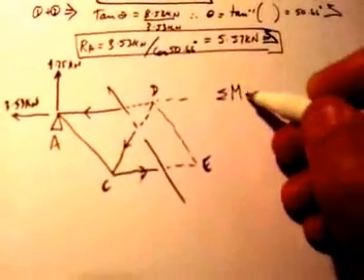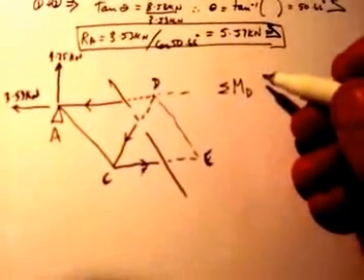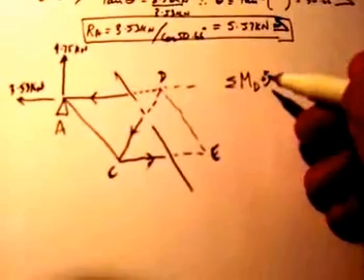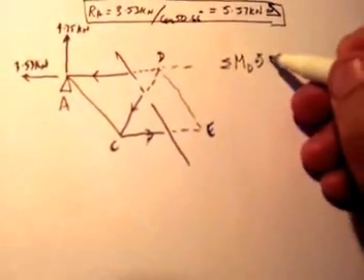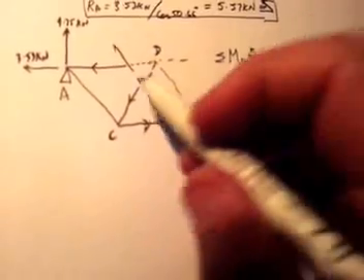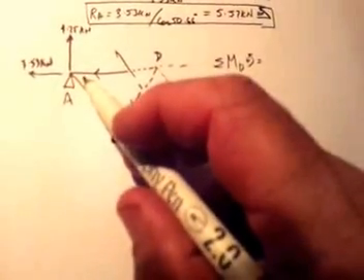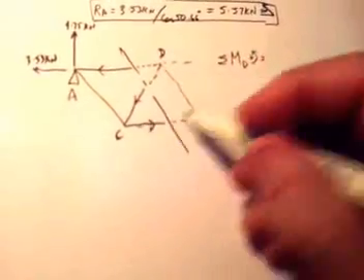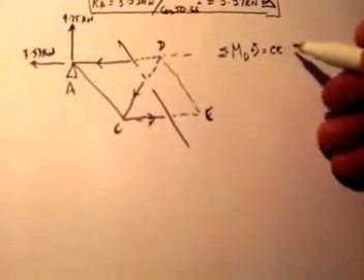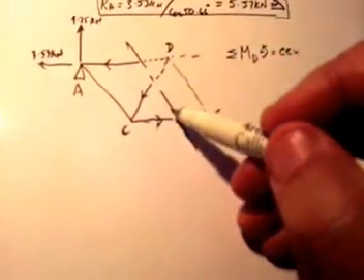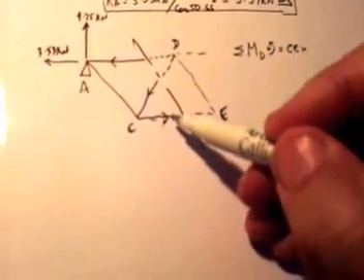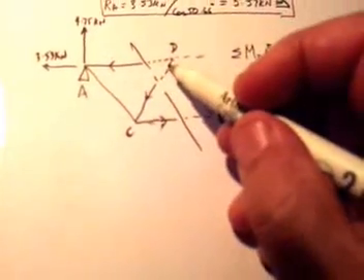So the sum of the moments about D, and we'll make it this way positive. As long as we're consistent, it doesn't matter which way we take. So that's going to equal force CE times the perpendicular distance down here. And what is that distance?